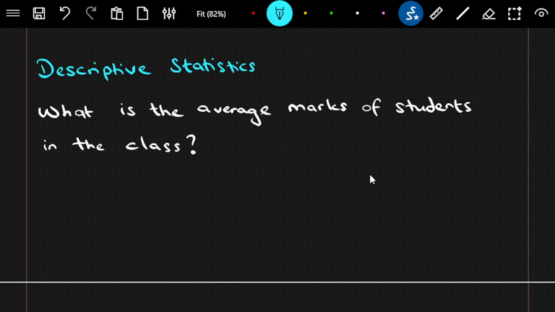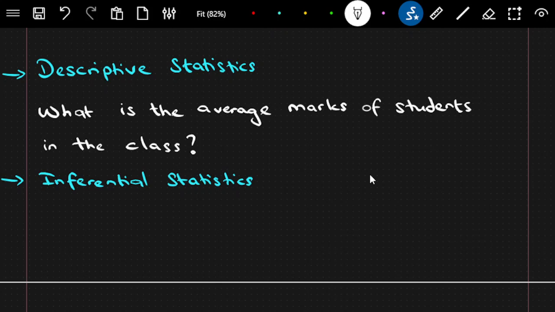Next, let us see inferential. What question can we ask ourselves if we want to take into account inferential statistics? It's quite deep, right?